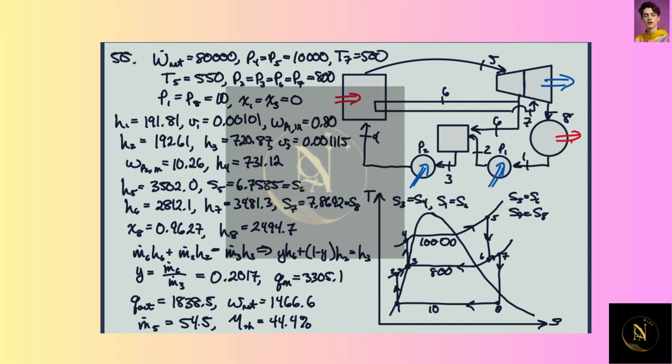M dot 3 is actually the same as M dot 5. So this M dot 3 is actually the rate of flow going into the turbine. So this is the amount that is coming out at 6 relative to 5. So we do have some flow from here to here, I think.